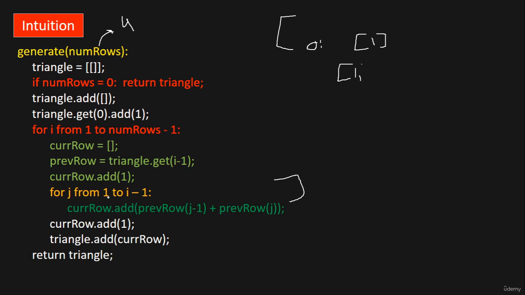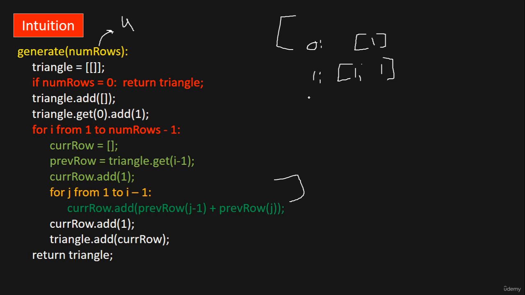So we see that in this loop from 1 to i minus 1, for the first iteration of the outer loop the value of i is 1, so 1 minus 1 is 0. So this loop will not iterate, and we'll have no element inside here. At the end we're inserting the current row and we're going to add the current row to our triangle here. Okay, so we have inserted this current row.